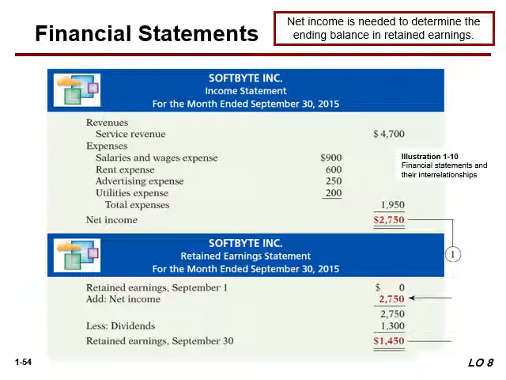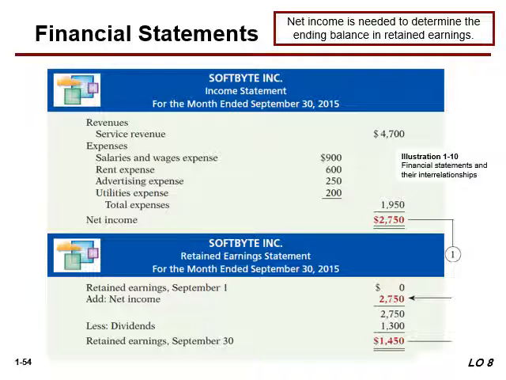You can see now the income statement. The income statement only has revenue minus expenses. Revenue minus total expenses equals net income. Net income 2,750 will be transferred directly to the next statement, which is called the retained earnings statement.